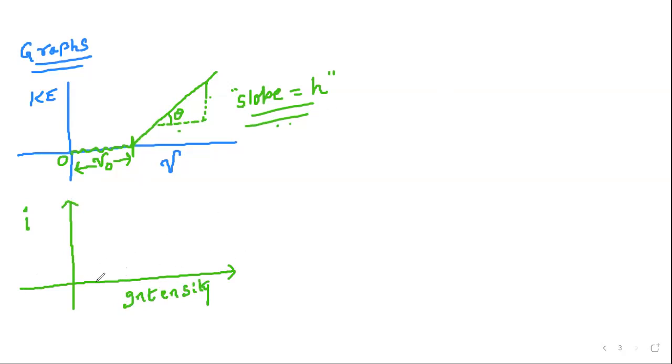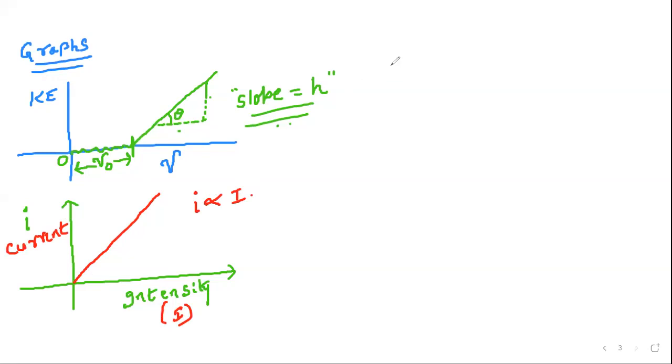As intensity increases, the photoelectric current also increases, right? So I is directly proportional to intensity. Current is denoted with small i, so don't get confused. Current versus intensity, capital I, is also a straight line.